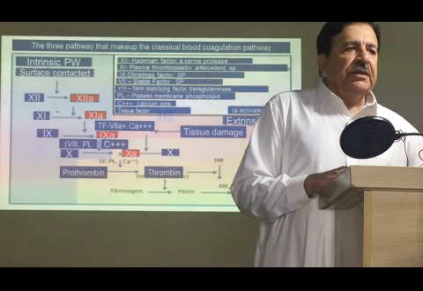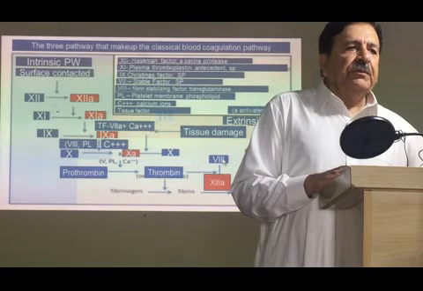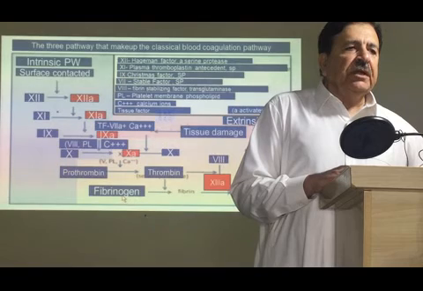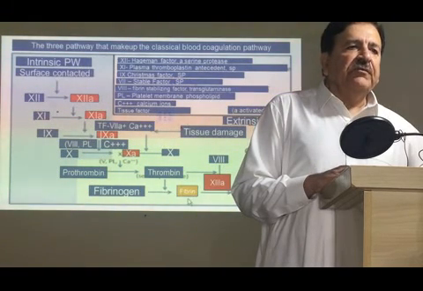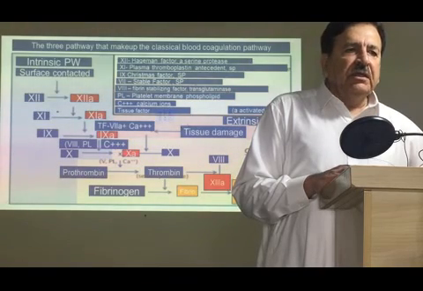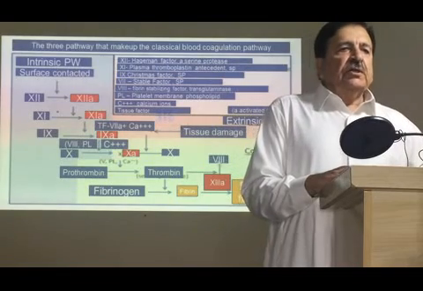Then this factor 10 acts on prothrombin and converts it into thrombin. And when factor 8 is activated, this thrombin acts on fibrinogen and converts it into fibrin. And when activated factor 13 acts on fibrin, it converts it into a stabilized fibrin clot.